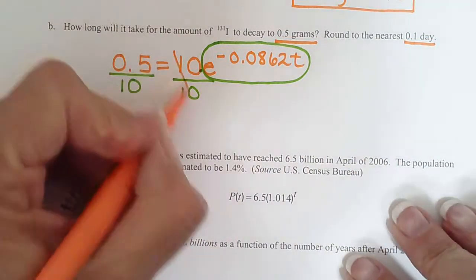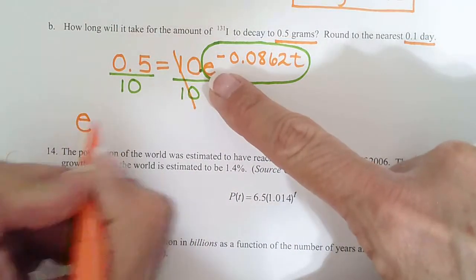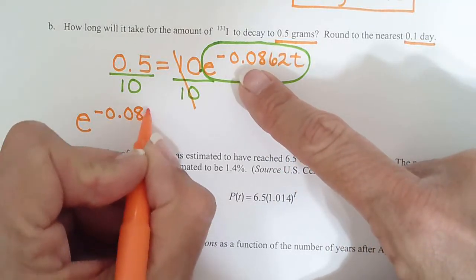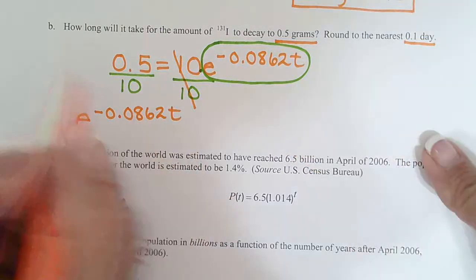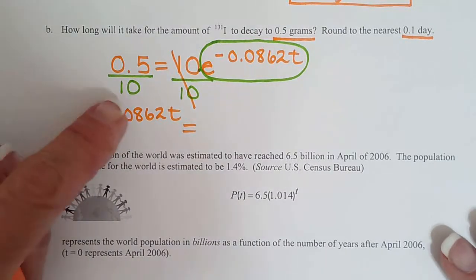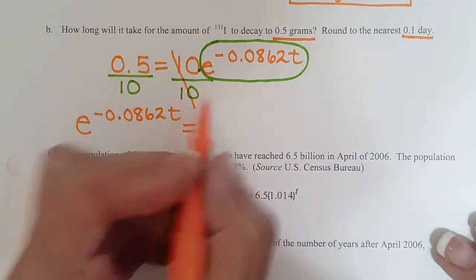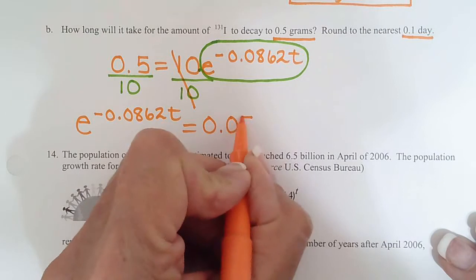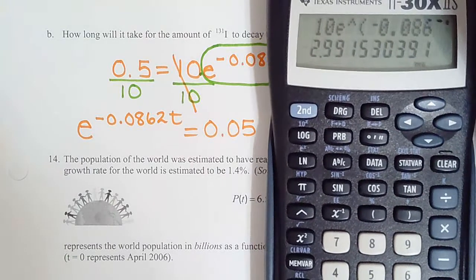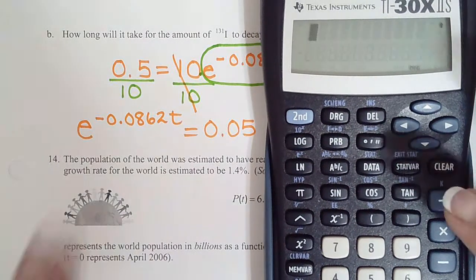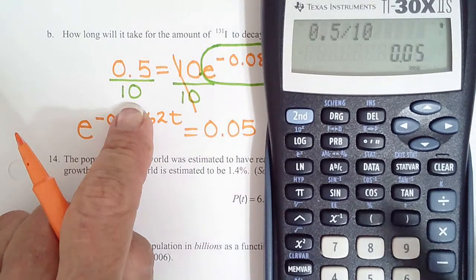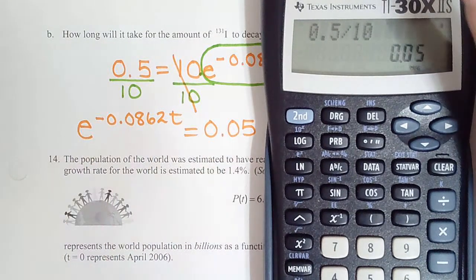So what's left is e to the negative 0.0862t equals, and now I have to type this in my calculator, or hopefully you know that when you divide by 10 it moves the decimal over, so it's going to be 0.05, but we can certainly verify it. I don't want Miss Norris to make any mistakes. So 0.5 divided by 10, boom, 0.05.